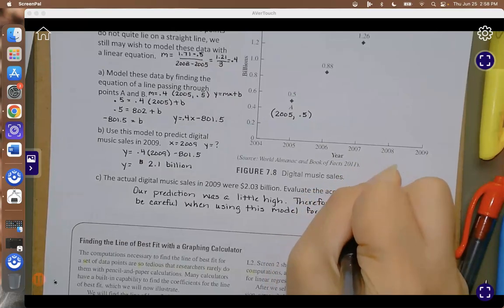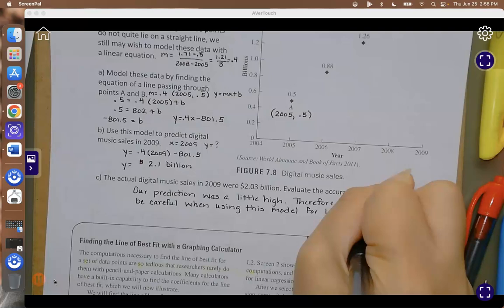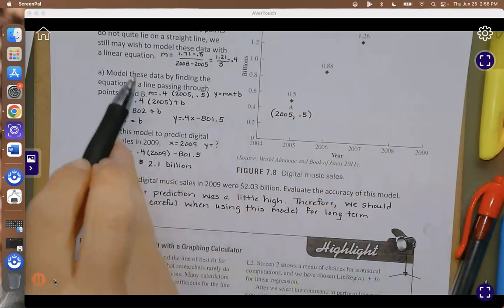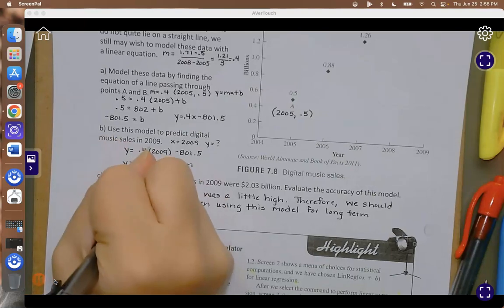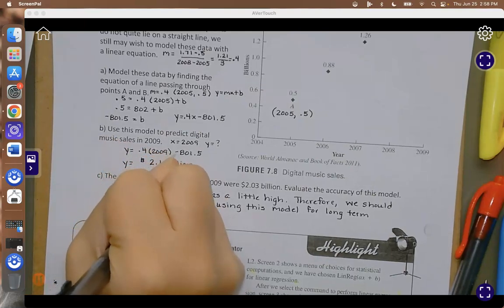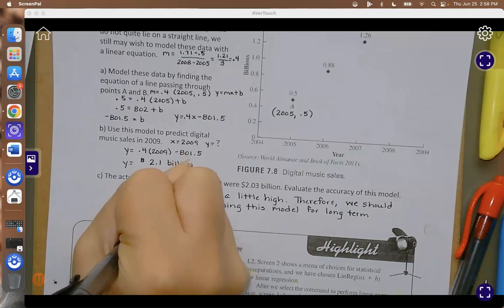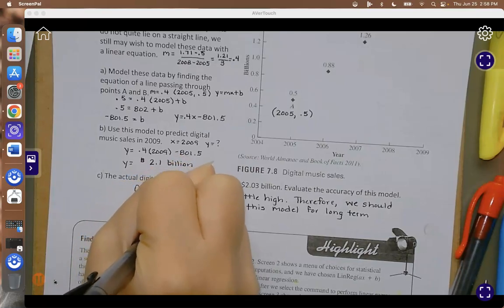And the reason why it's not exactly on the money is because it says it's not quite a straight line. So these predictions are not going to be quite right because this is a linear model and this isn't quite a linear line.